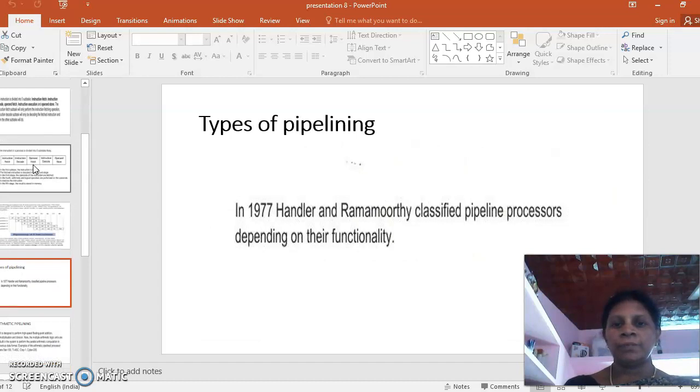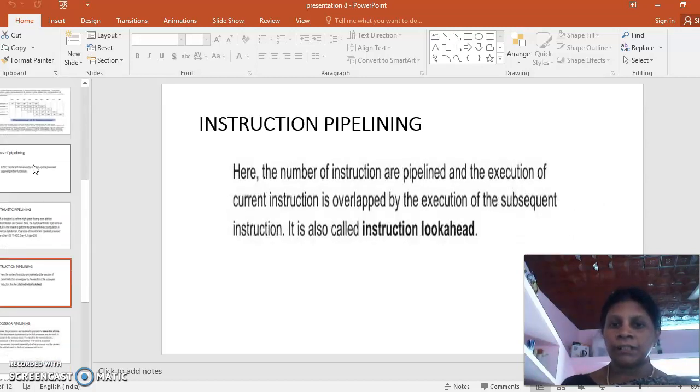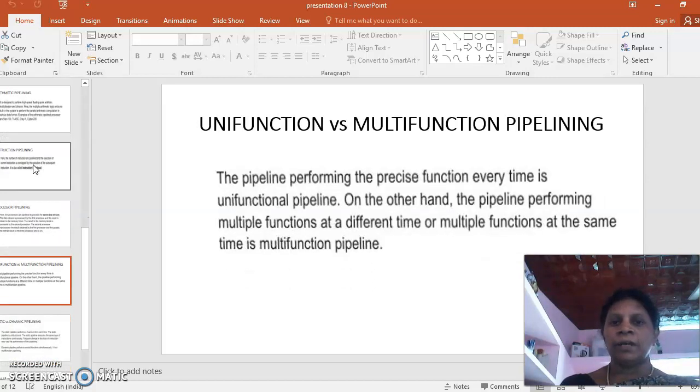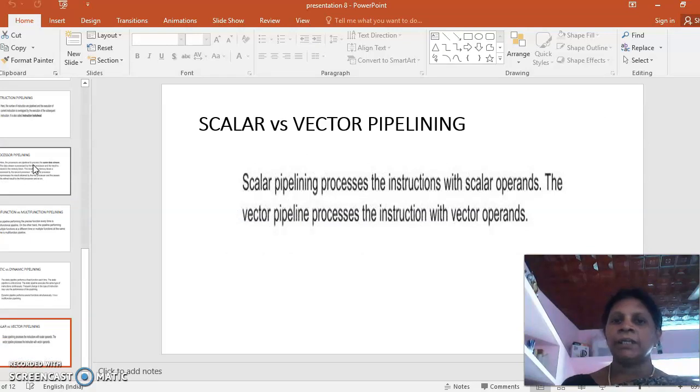Next, the types of pipelining. Pipelining processes, depending upon their functionality, are classified into arithmetic pipelining, instruction pipelining, processor pipelining, and also unifunction and multifunction pipelining, static and dynamic pipelining, and scalar and vector pipelining.